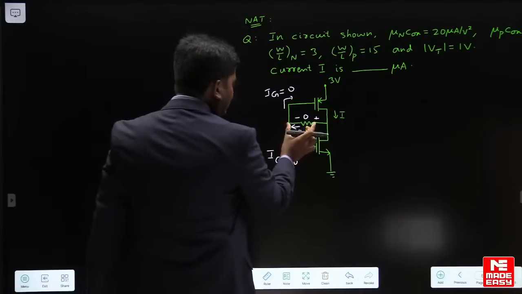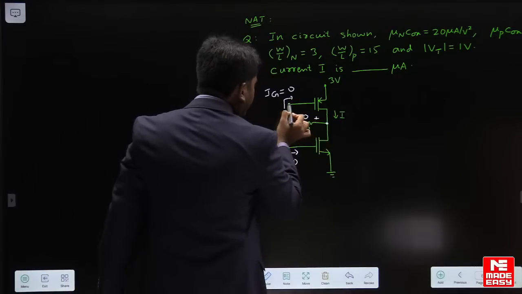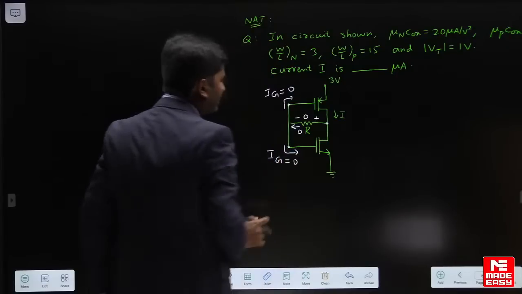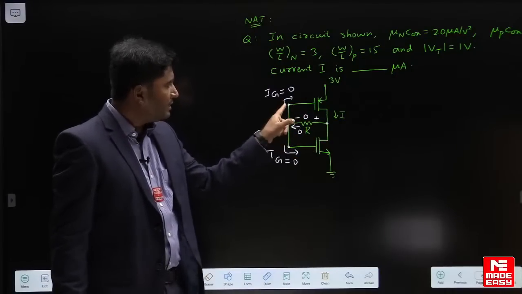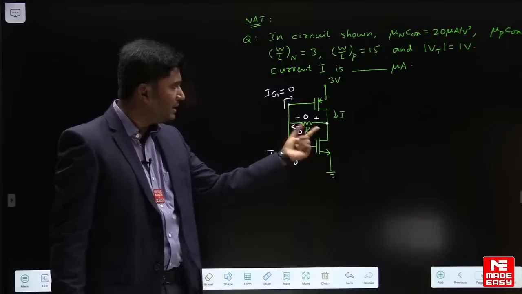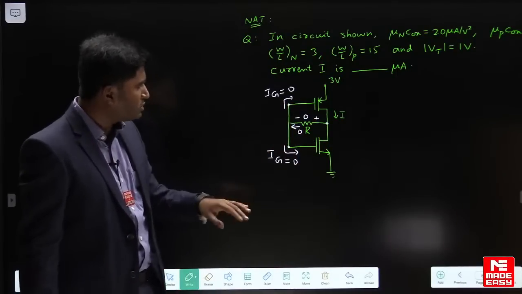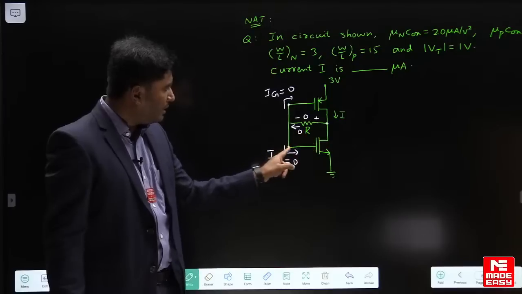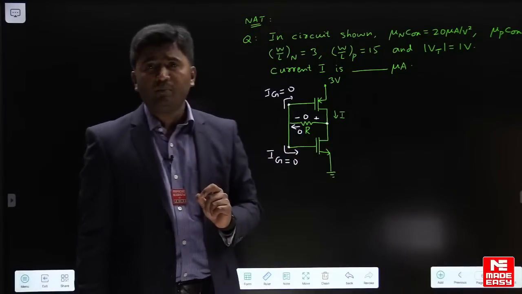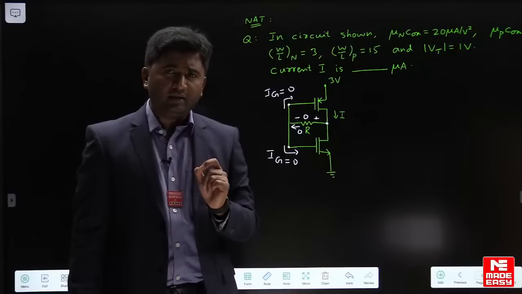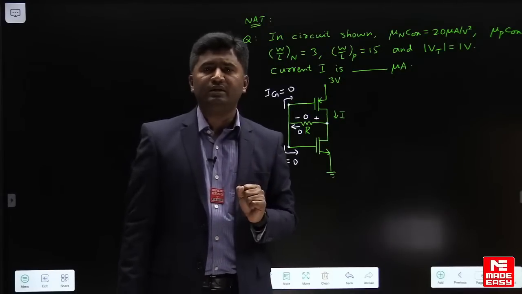Now because this resistor voltage is zero, we can say drain voltage and gate voltage will be same. If you look at PMOS, this is drain terminal and this is gate. This voltage is zero, so drain and gate will be at equal potential. And for NMOS also, drain and gate are at equal voltage. Now please remember, for enhancement MOSFET, if drain and gate are at equal voltage, then that MOSFET will be in saturation region.